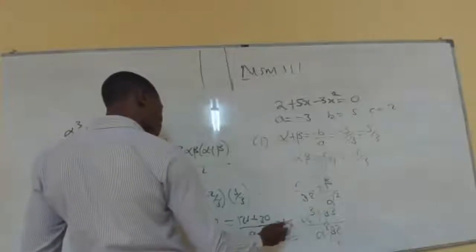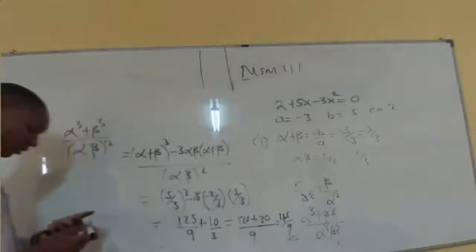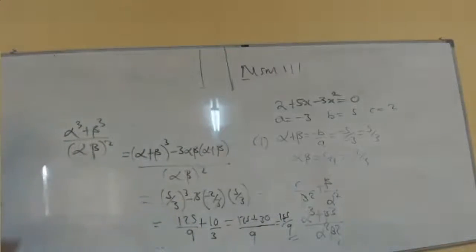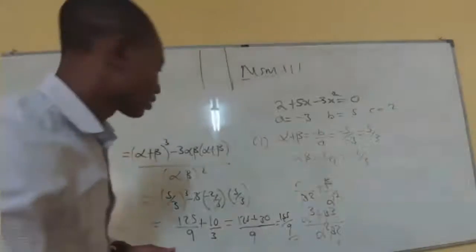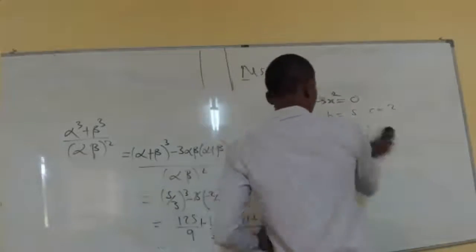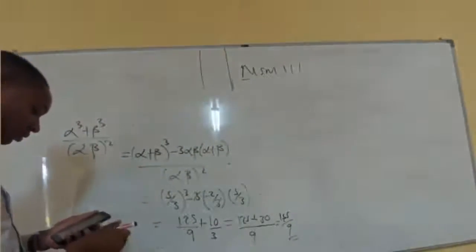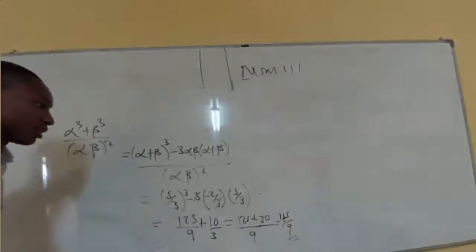Okay, so this is 155 over 9. Okay, so that's 155 over 9.